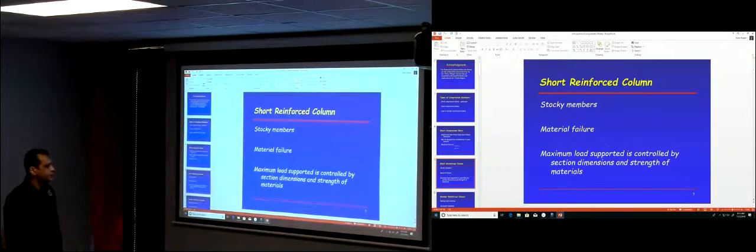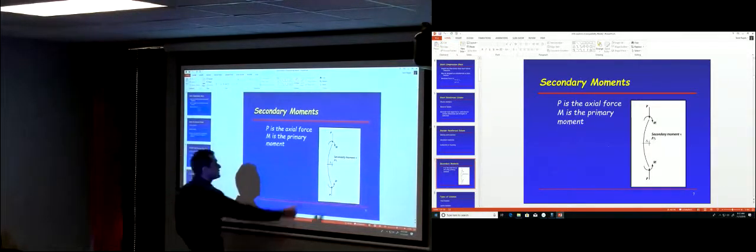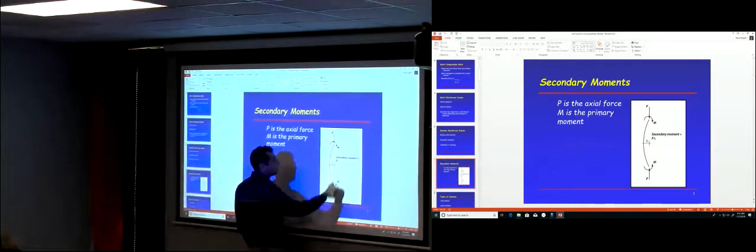Short reinforced columns, their length is not too large, so they fail due to material failure. And the maximum load supported by those columns is determined according to the dimensions of the column and the material properties. While for the slender reinforced columns, you have instability or buckling, so the column buckles like this, so it depends on the length of the column.